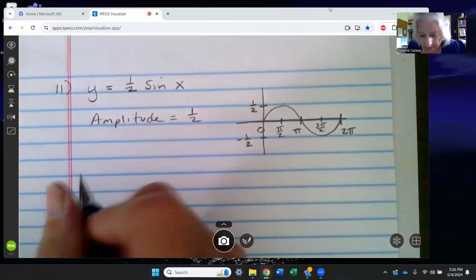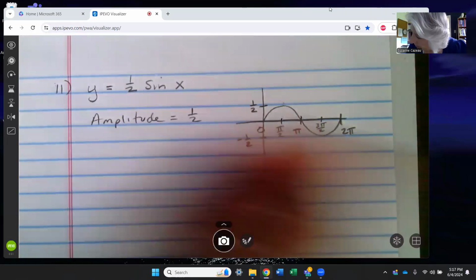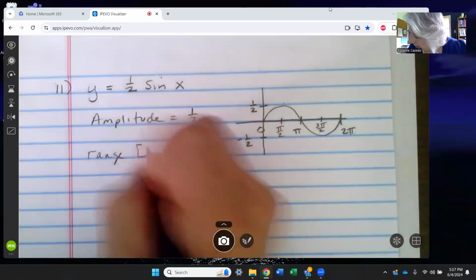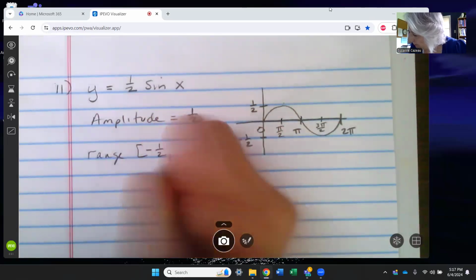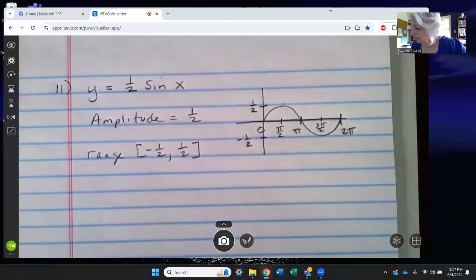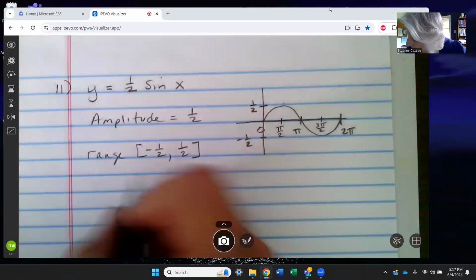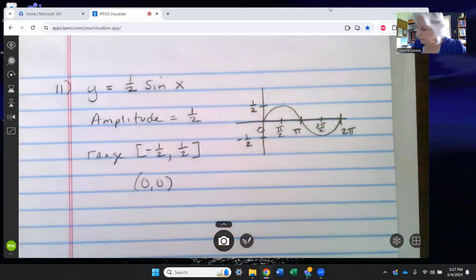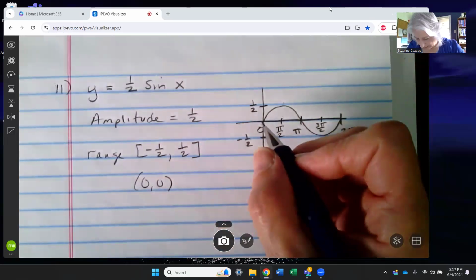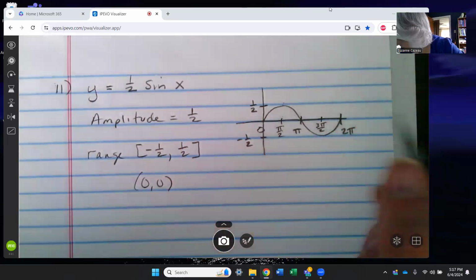All right, but let's see what else they want. Oh, the range. They want the range. The range is negative 1/2 to 1/2. And okay, so we've got 0, 0. You don't want commas, you just type them in.